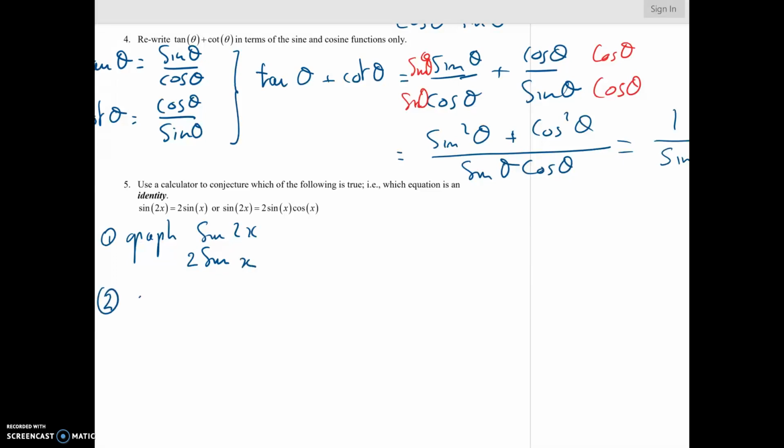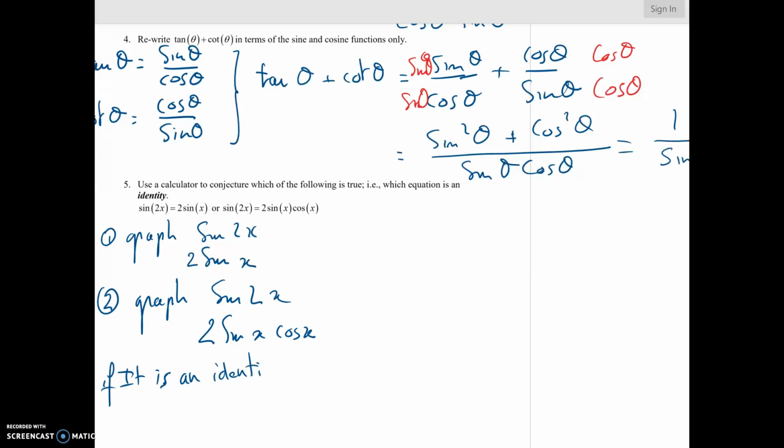You are going to do the same thing with the other one, sine 2x and 2 sine x cosine x. If it is an identity, the graphs will be the same.